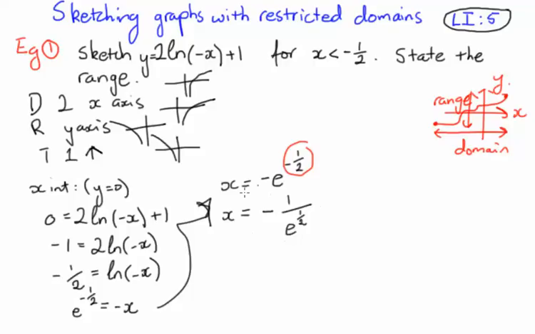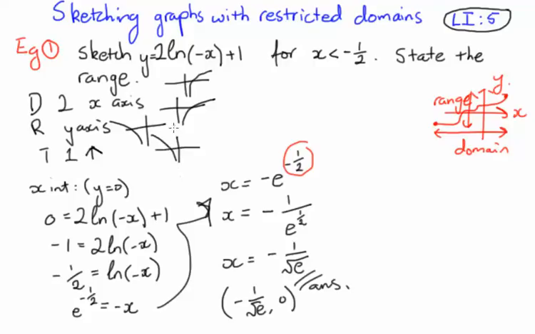Now that's correct, but just to be extra fancy, I'm going to replace the power of a half by a square root, because we know they mean the same thing. That looks very nice for your x-intercept. So let's write that down. There's our x-intercept.